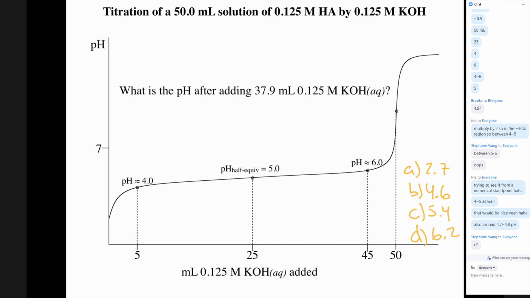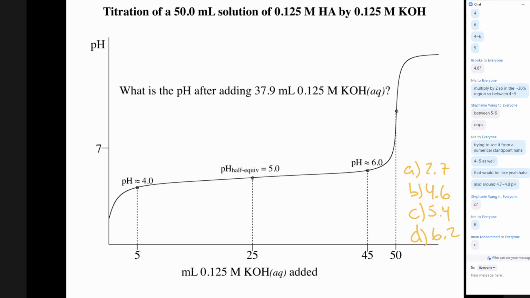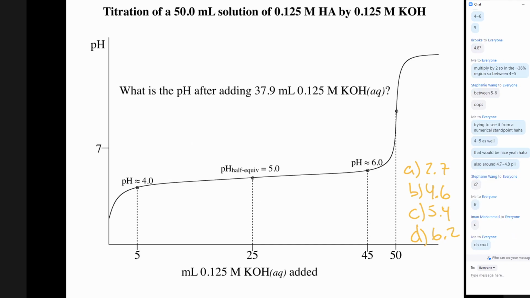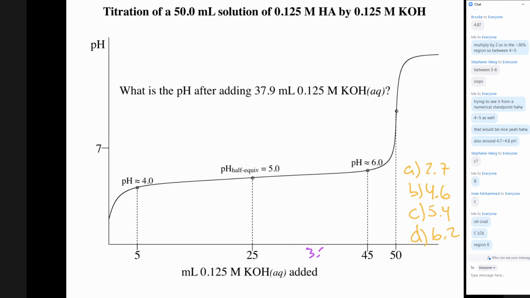Got a C vote? Got a B vote? So C's and B's are coming in. Where would you see 37? Number 37.9 is probably around here. So somewhere in that region.